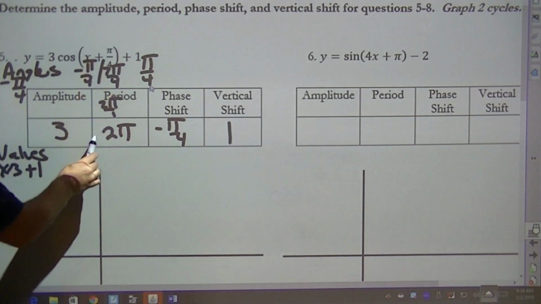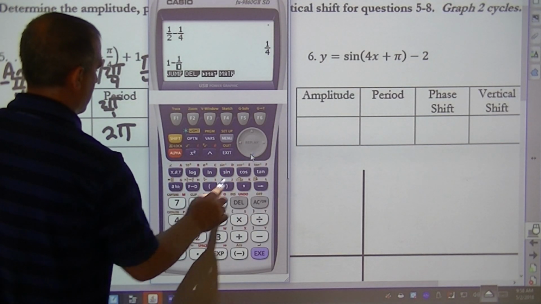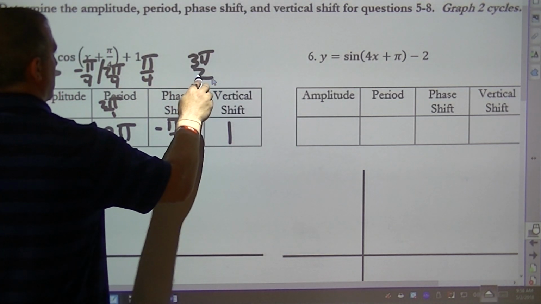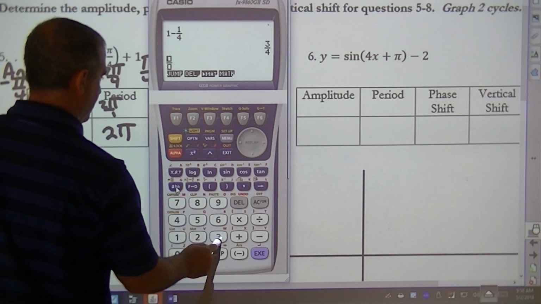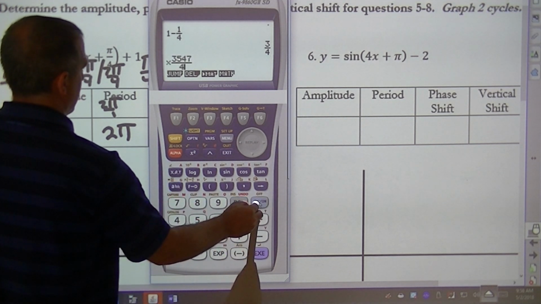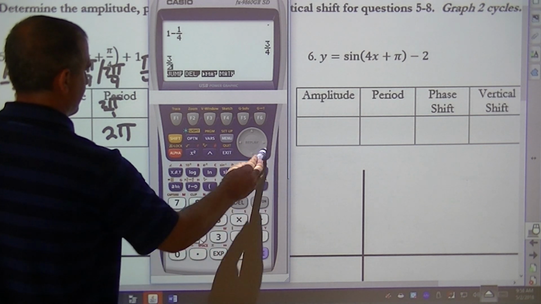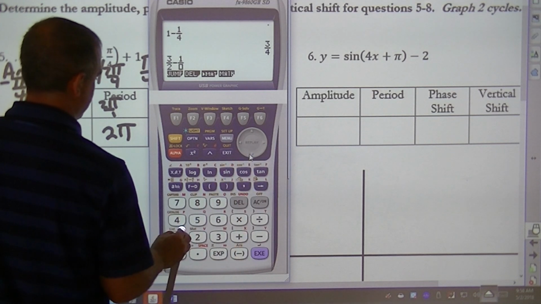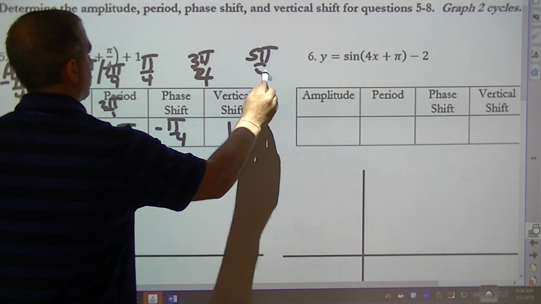I'm going to put them right on the line so you can see them. Then I got 1 minus 1/4, which would be 3/4 pi. And then the last one will be 3/2 minus 1/4, 5/4 pi. Okay? So those are the angles.